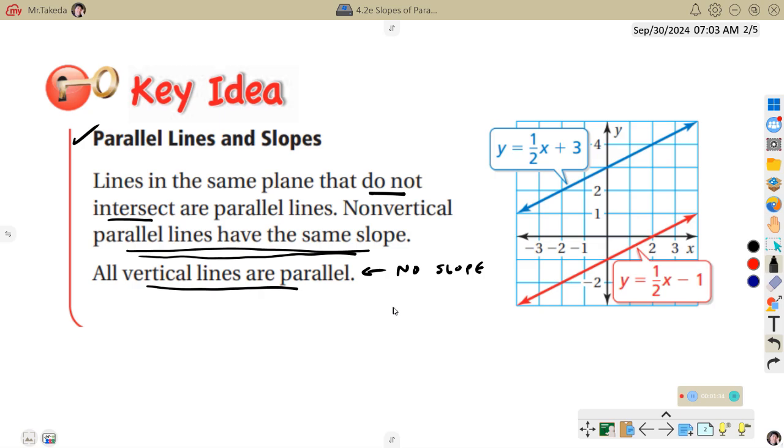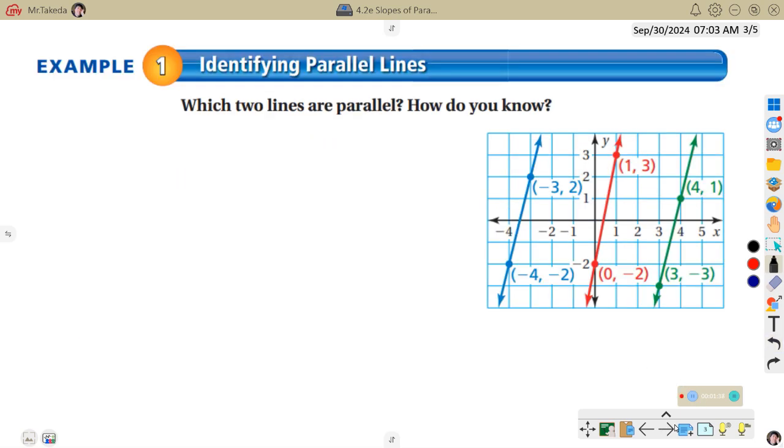Let's take a look at what that means. In our first example, which two lines are parallel and how do you know? It's hard to see in the picture, so we have to calculate the slope in all of these.